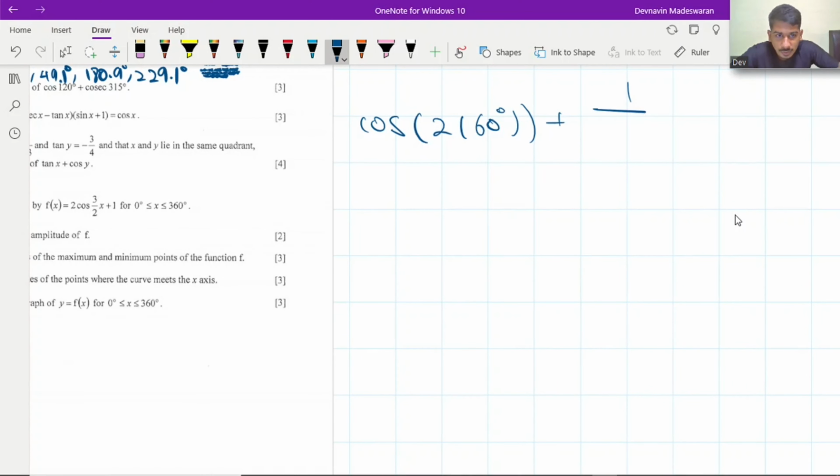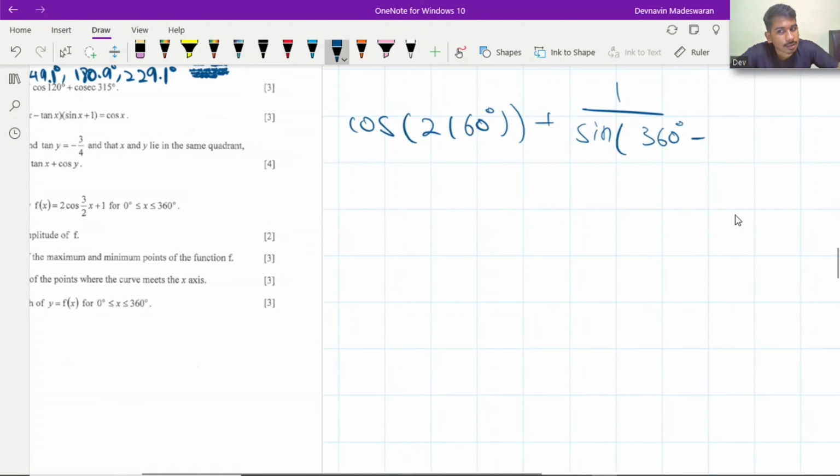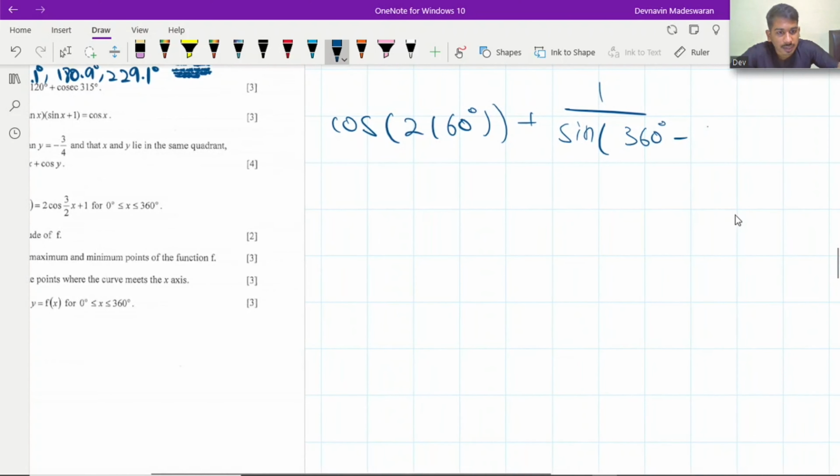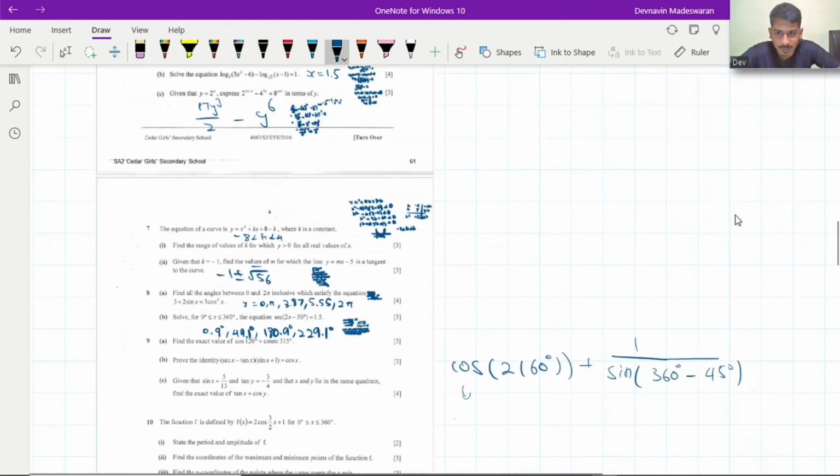Cosecant is 1 over sine, right? 1 over sine of 360 degrees minus 45 degrees. So let me do it separately. Cos 2 theta is going to be... I can't believe I still don't remember the thing.